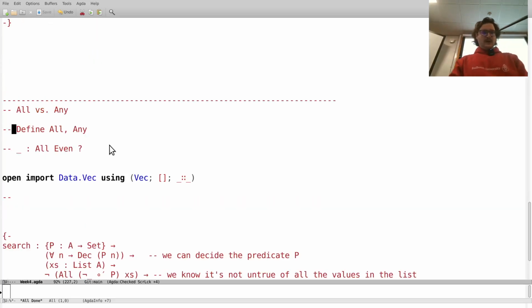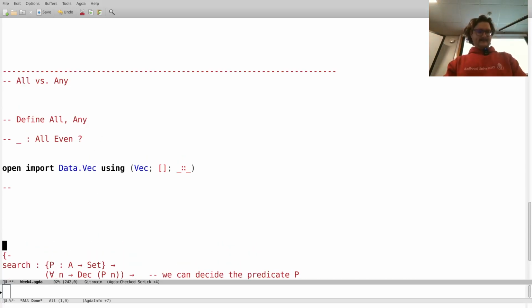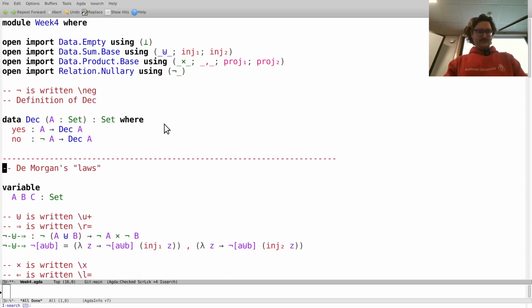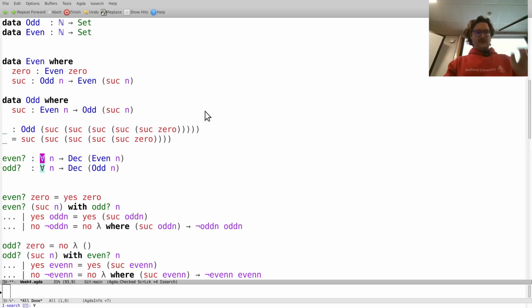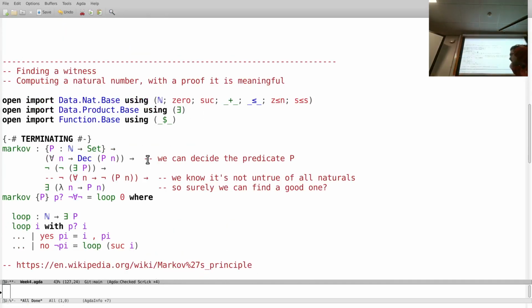All right. And then the other thing I wanted to do is, okay, so we've seen when we're doing the proof search, we've seen various quantifiers. So this is a spoiler, I guess. So we saw that if you have a domain that you can enumerate, you can search it, but it will not get accepted by Agda.